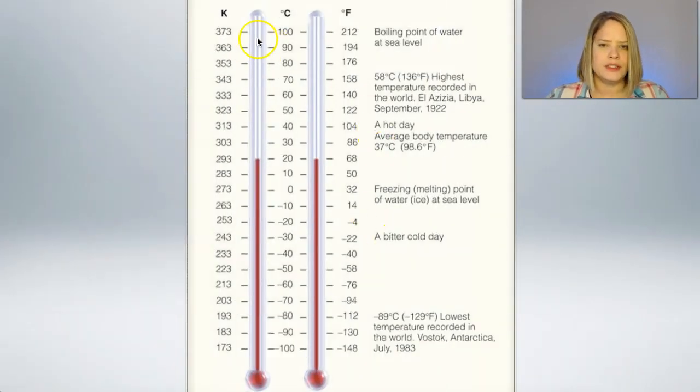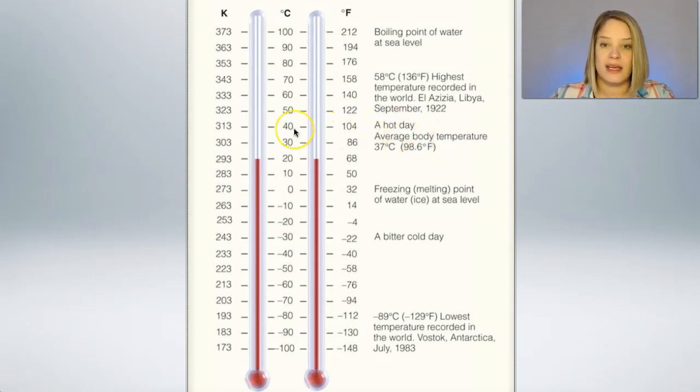All right, let's just look at some of the common temperatures so you can get a feel for what kind of Kelvin temperatures would be typical for the temperature of the room that you're in, or things like that. Because we're most familiar with the Fahrenheit scale, which is sort of outdated, where, you know, if it's gonna be a high in the upper 80s today, maybe 90, that would be a pretty hot day for us.